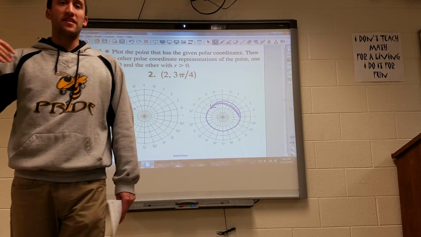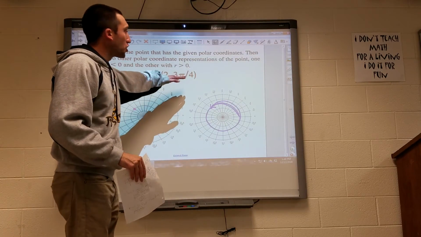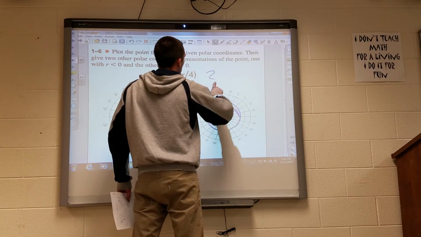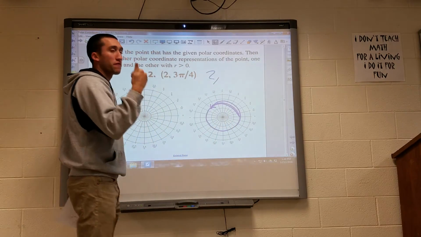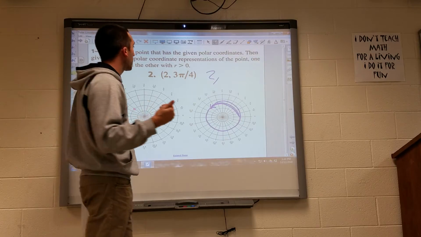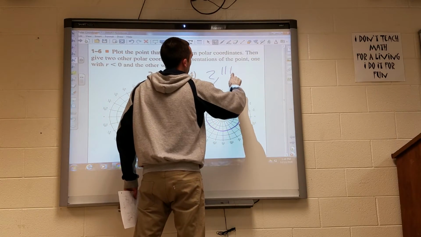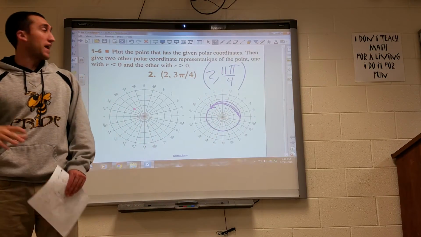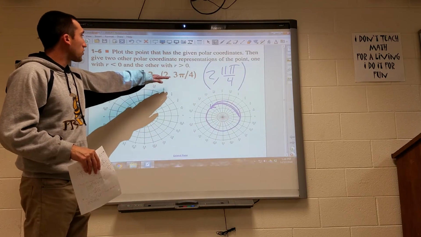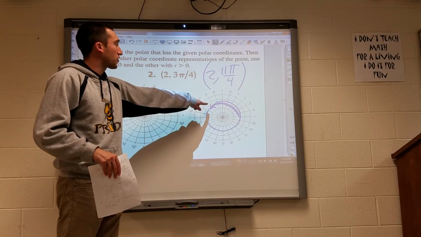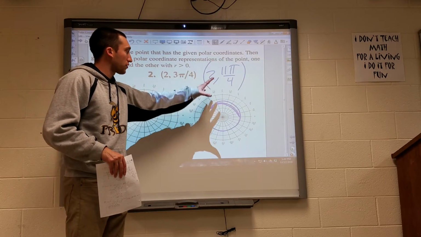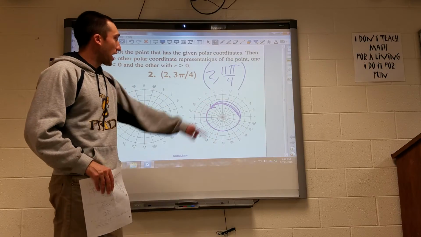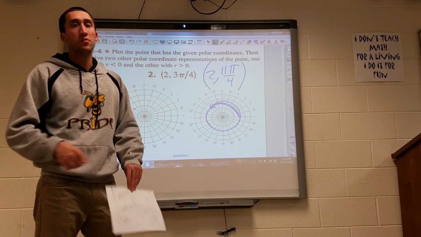So that just means I take and add 2 pi to 3 pi over 4, which is 2 pi, or 8 pi over 4. So we get 11 pi over 4. That gives me the same spot, the same coordinate. It represents the same spot on my circle, but I just went around one more time. My angle was a little bit larger.